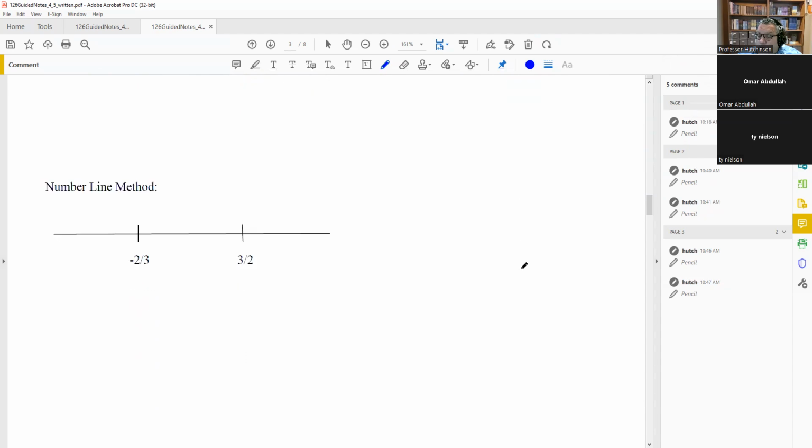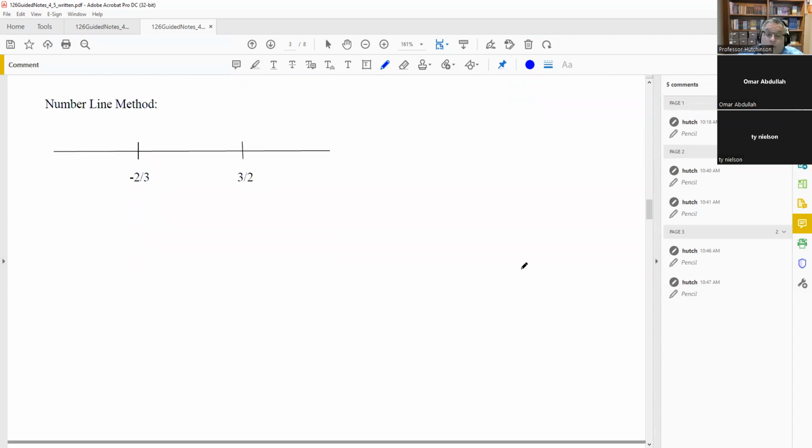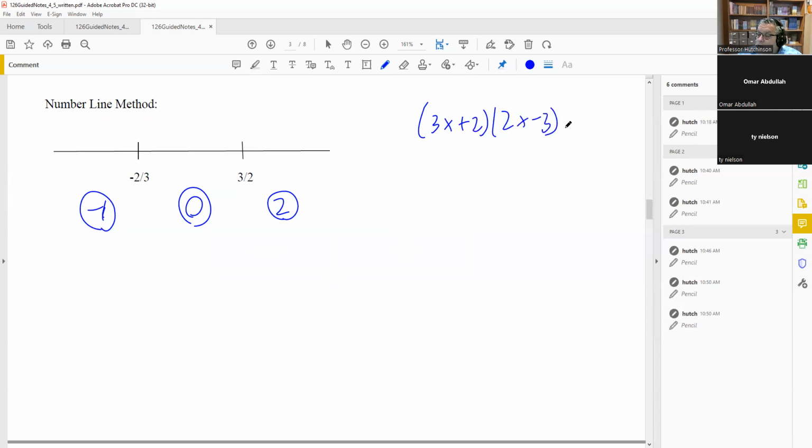Now, if I were to do this by the number line method, I'd really be doing the same thing. I would be putting in my same test points, -1, 0, and 2. But this time, I'm putting it into the entire thing. So here's the original expression, 3x plus 2, 2x minus 3.